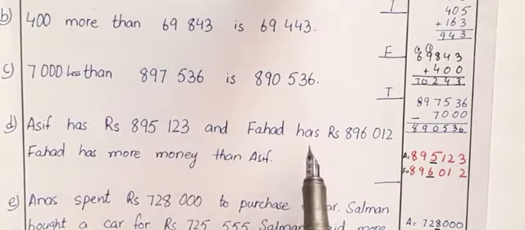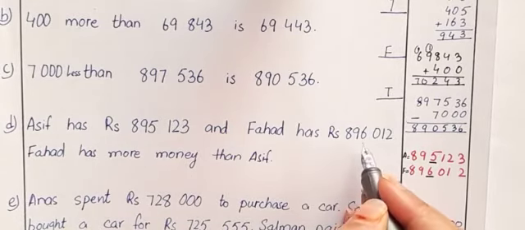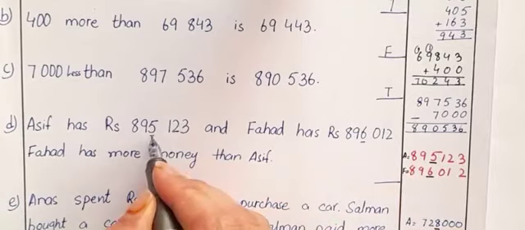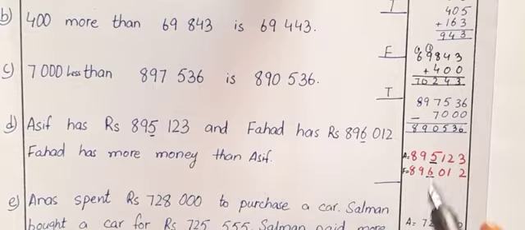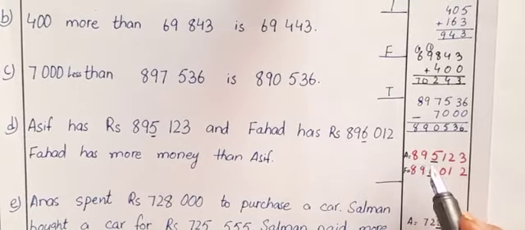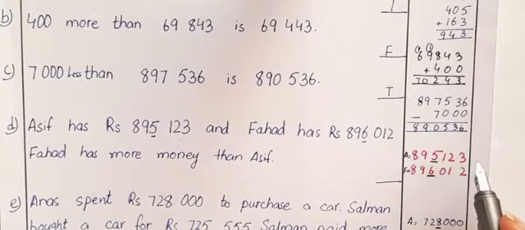Asif has rupees 895,123. Fahad has 896,012. Here you can see it is 6 and it is 5. So what we have to do is compare who has more money. Compare, like you stand with your friend and see who is taller. So like this, I have written A equals the value A has, 895,123.